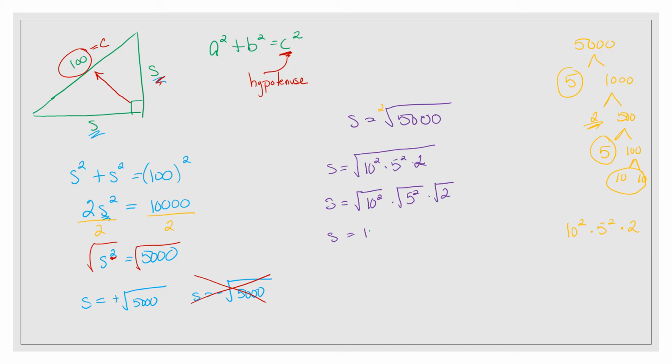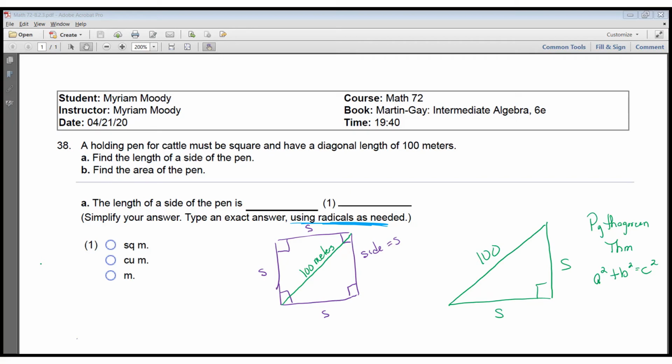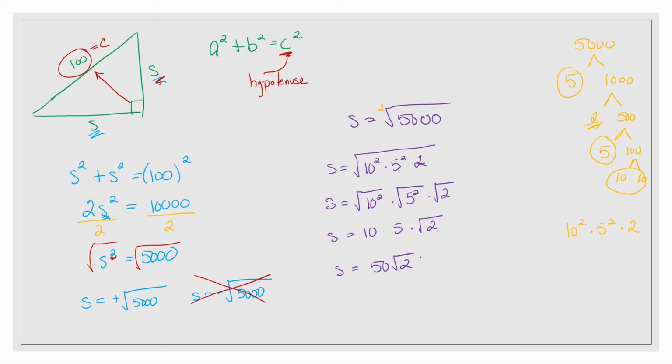And so I have 10 times 5 times the square root of 2, which is equal to 50 times the square root of 2 meters. So they wanted to know the length of one of the sides. We just found it. Here's the answer to part A.